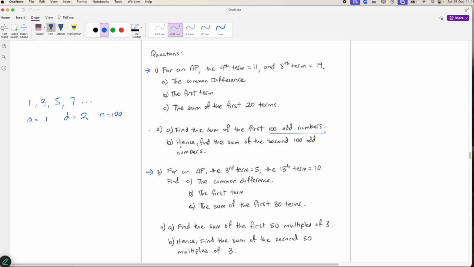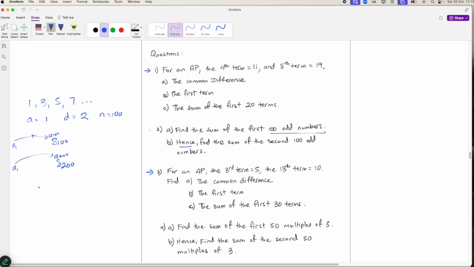Then, hence, find the sum of the second 100 odd numbers. And I'll just give you a hint. You find the sum of the first 100, and that'll be the sum from A1 straight up to A100, right? Then you find the sum of the first 200, which is the sum of A1 straight up to A200.